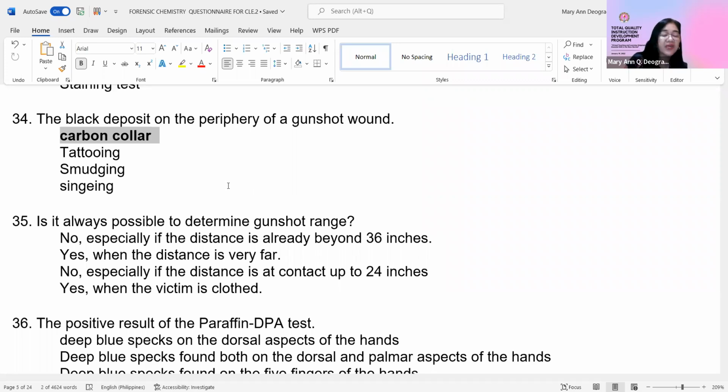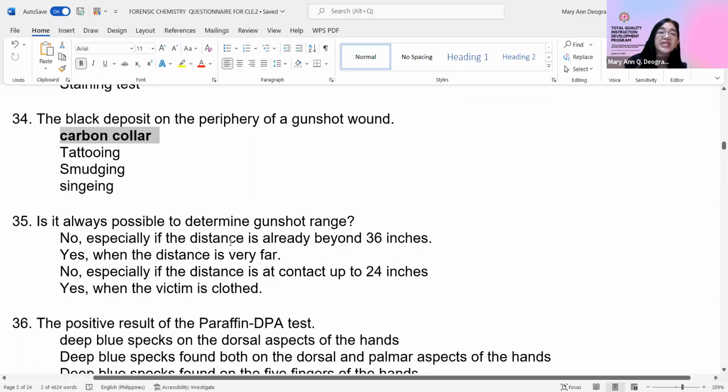35, is it always possible to determine gunshot range? A, no, especially if the distance is already beyond 36 inches. Yes, when the distance is very far. No, especially if the distance is at contact up to 24 inches. Yes, when the victim is clothed.